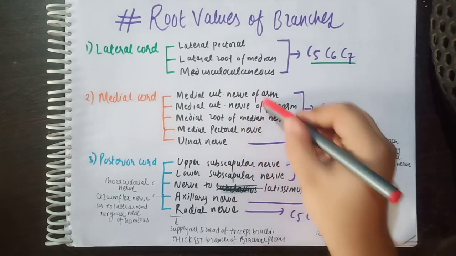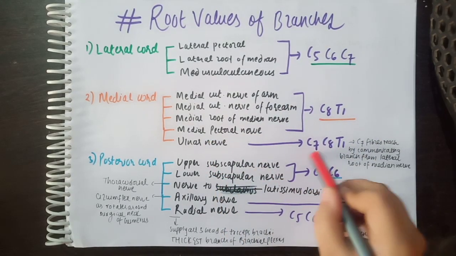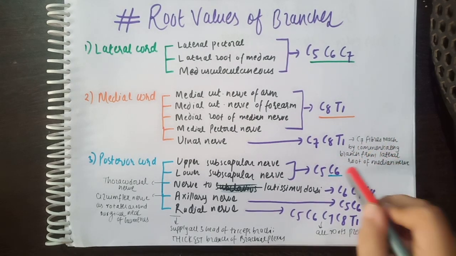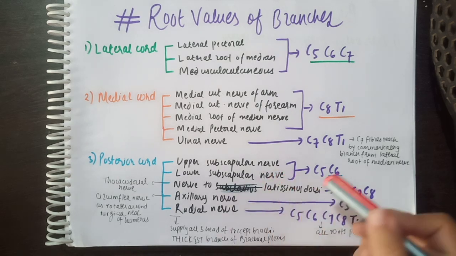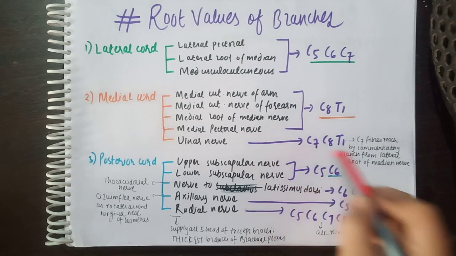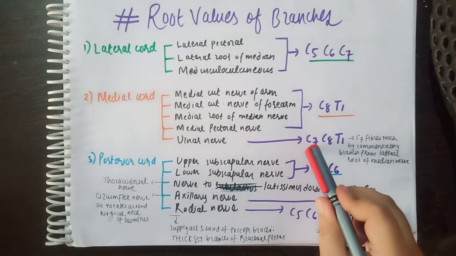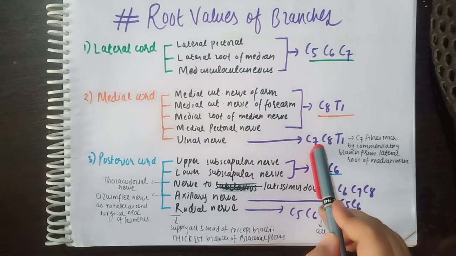All the 4 have the root value of C8 and T1, but the ulnar nerve additionally has C7. So C7 fibers reach by a communicating branch from the lateral root of the median nerve, as we have seen in the diagram previously. Because a root is coming from the lateral root of the median nerve, that is from the lateral cord, there is one root coming that is joining to form the ulnar nerve. So that is why we have the C7 here.